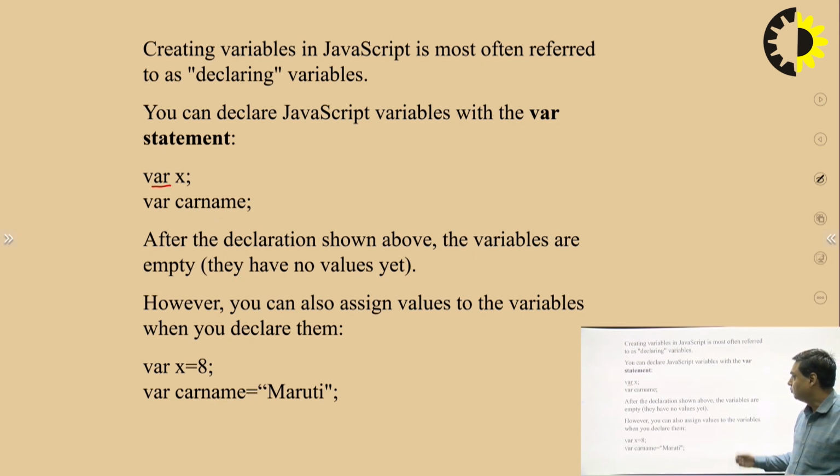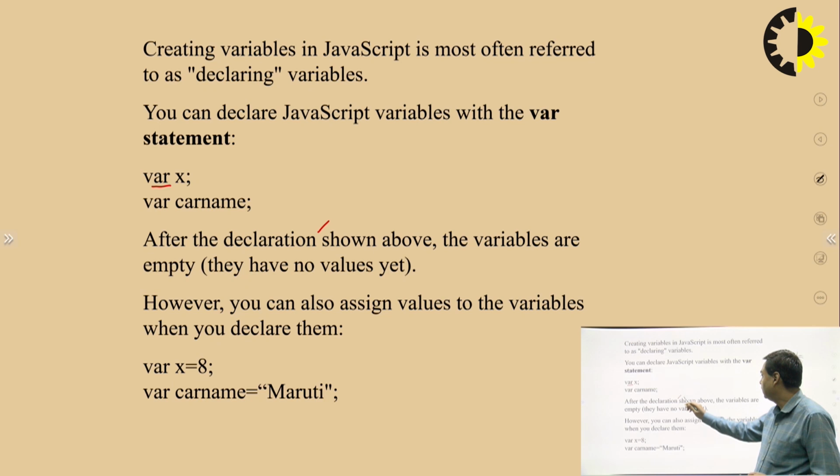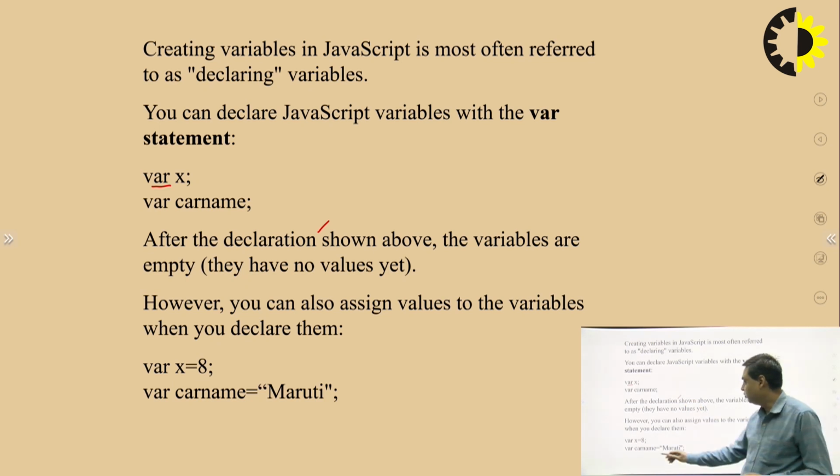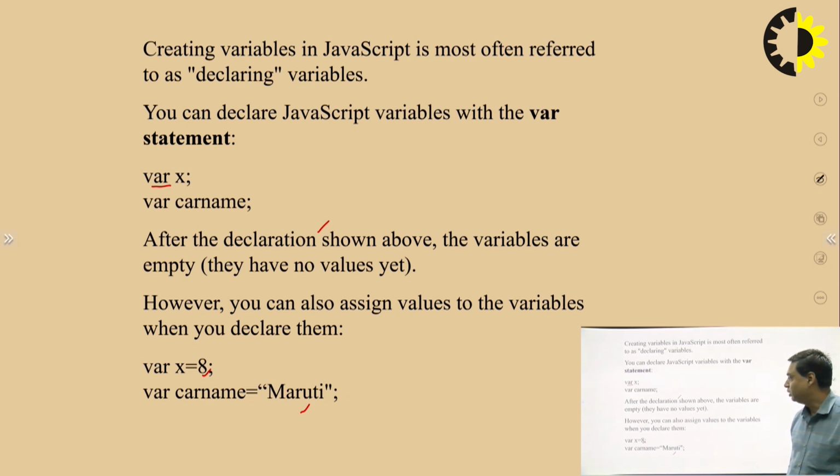You can define the variables as well as assign values after defining them. The two variables are declared here, and we are assigning the value 8 to x and some string value to the variable carname. A very important observation here is that there is no need to give the type of the variable. In Java it is mandatory to give the type of the variable, but in JavaScript it is not required.